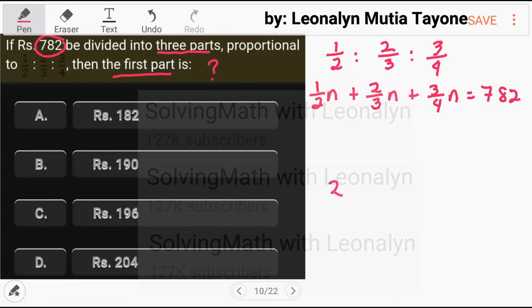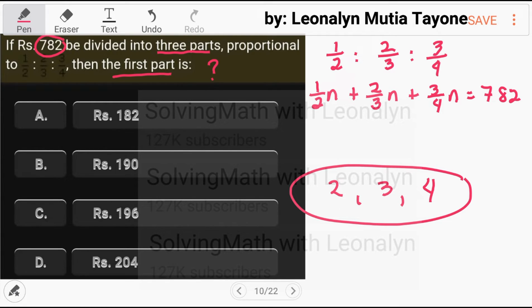Hanapan natin ng least common multiple itong tatlong numbers na ito para maging whole numbers itong mga fractions natin. Kasi yung makukuha nating least common multiple, yan yung pang-multiply natin sa lahat na ito, which is yung 12. So, i-multiply natin yung buong equation ng 12.